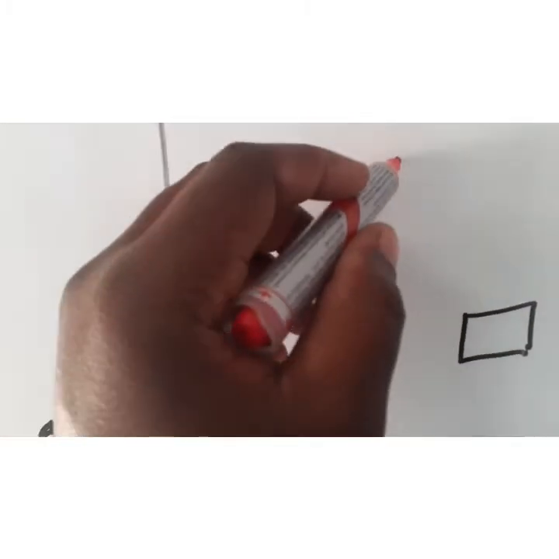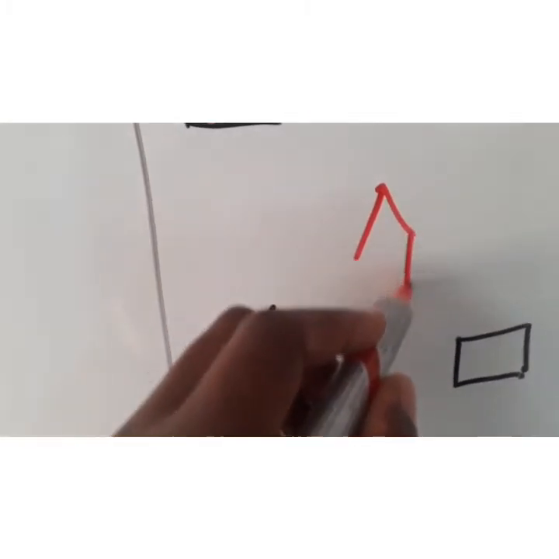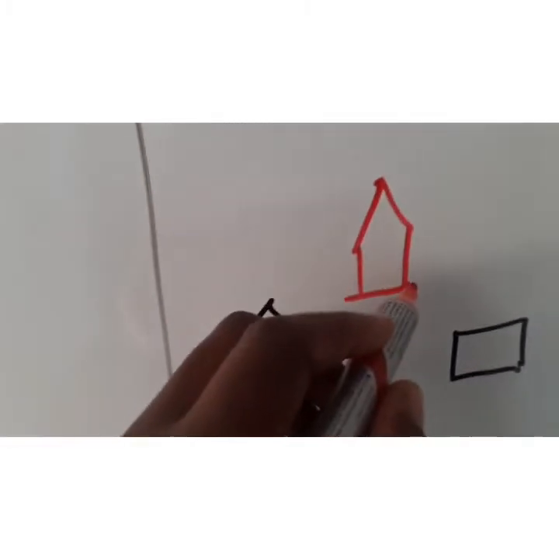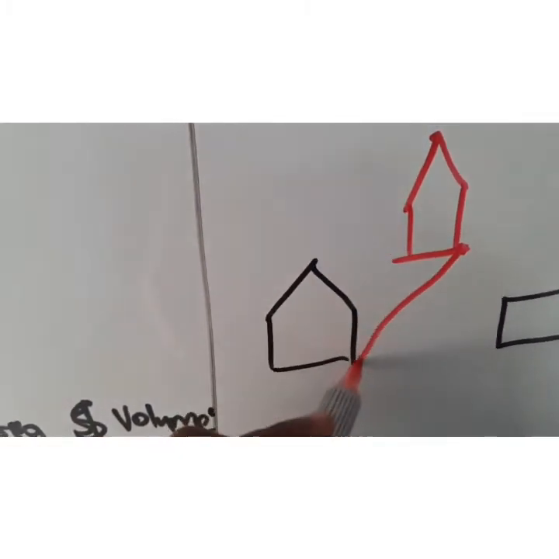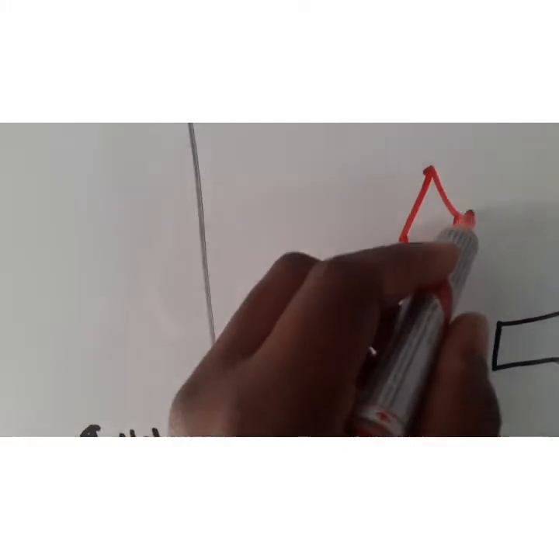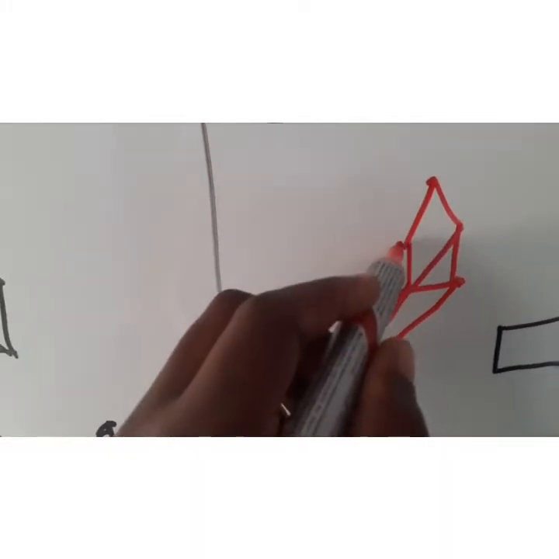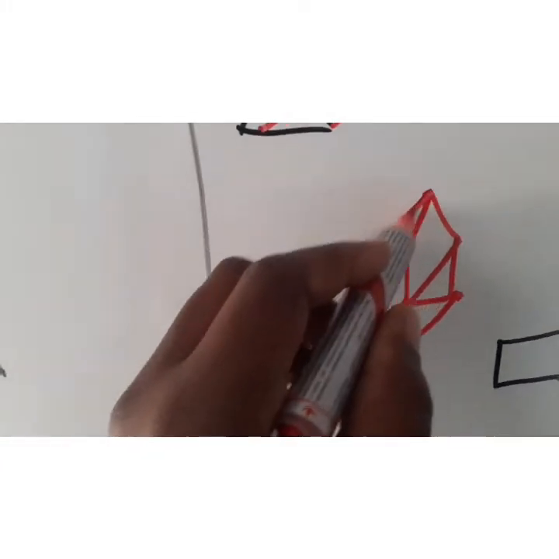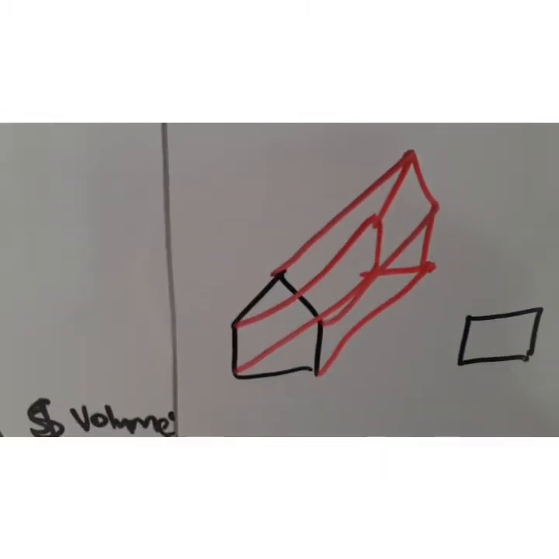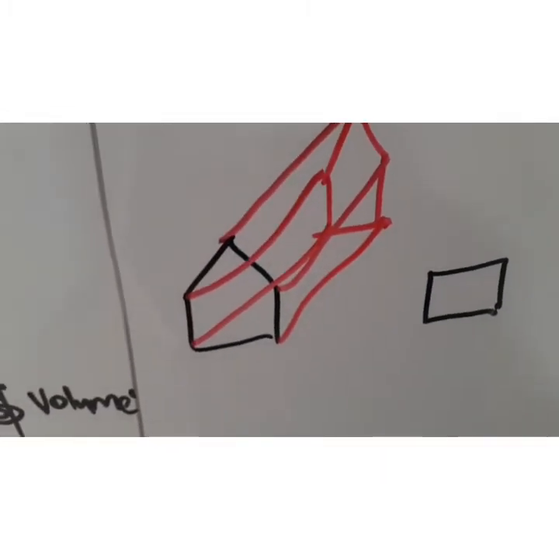Now I have my pentagon. If I elongate the pentagon, where does this one go? Okay, then this becomes my pentagonal prism.